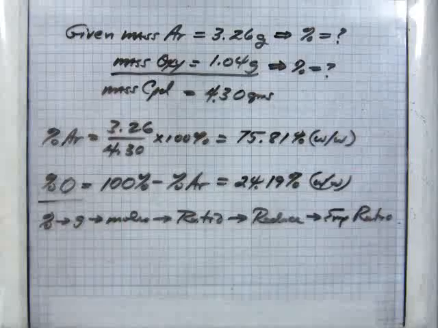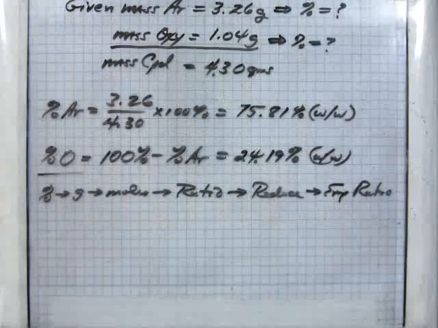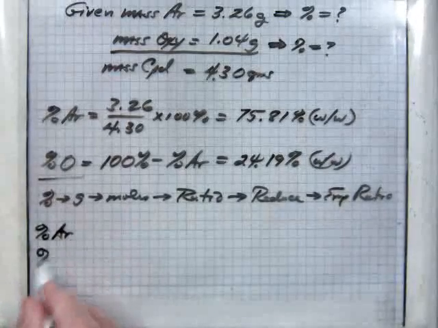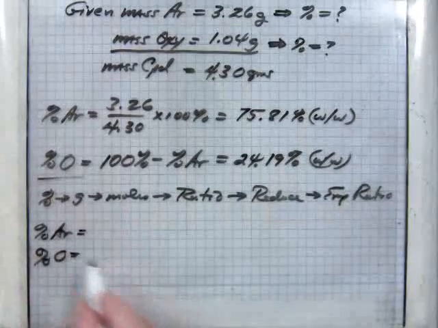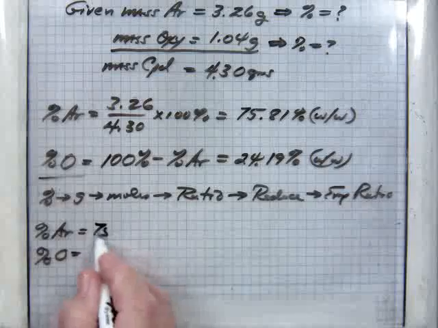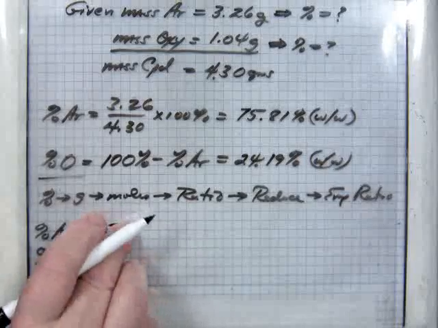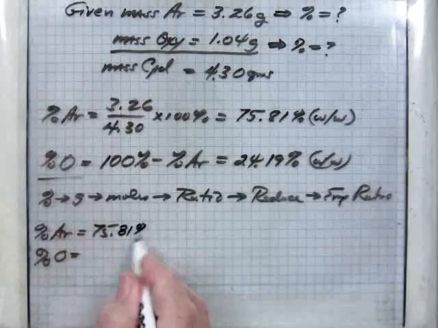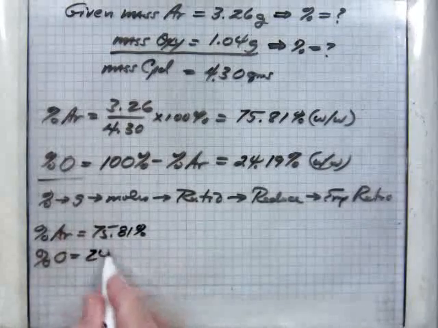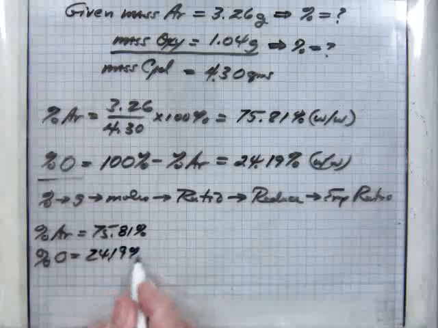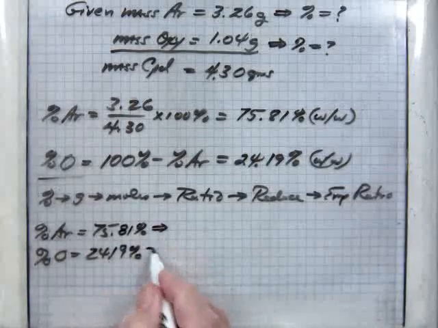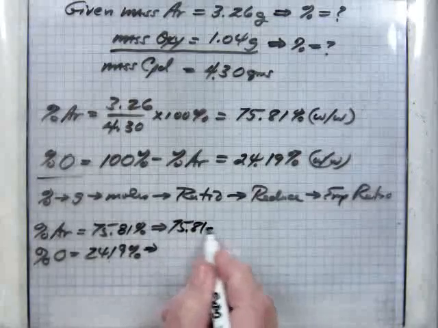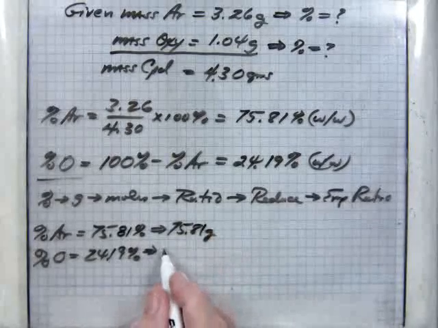So in the same way that we did the last problem, we'll take the percent arsenic and the percent oxygen, put those down first, drop the percentage and tag it with grams, and then divide by formula weight.